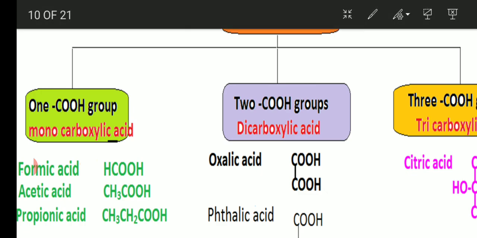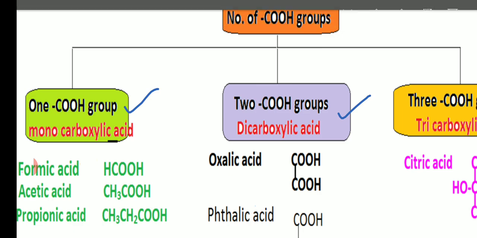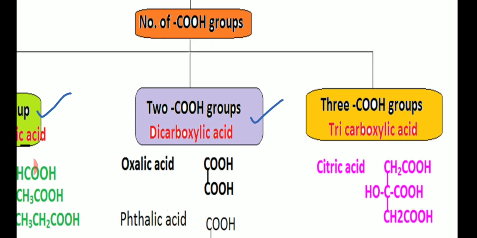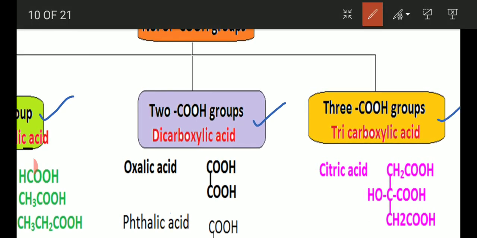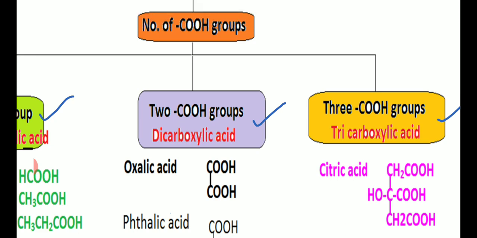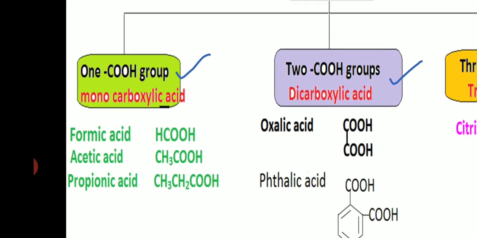If one COOH group is present, monocarboxylic acids. If 2 COOH groups are present, dicarboxylic acids. If 3 COOH groups are present, tricarboxylic acids.